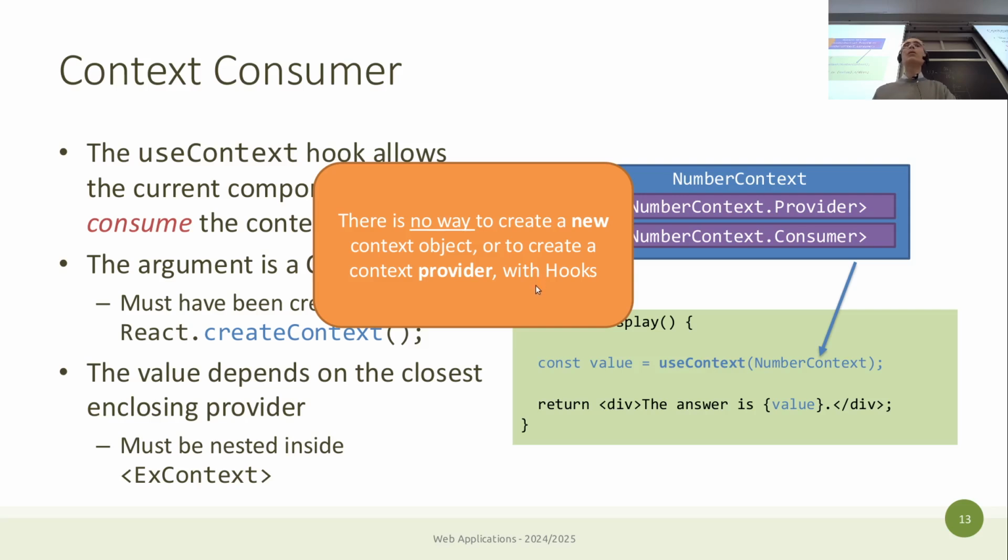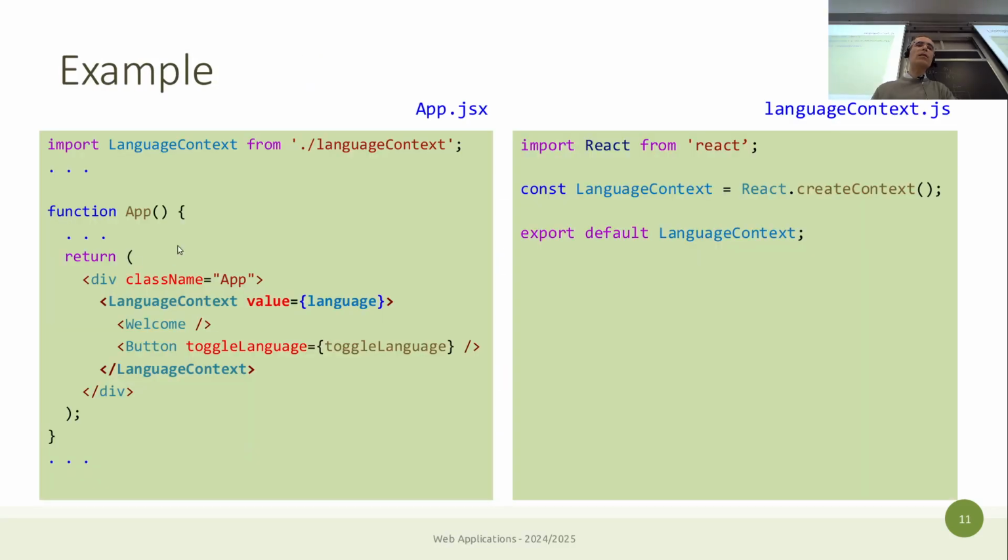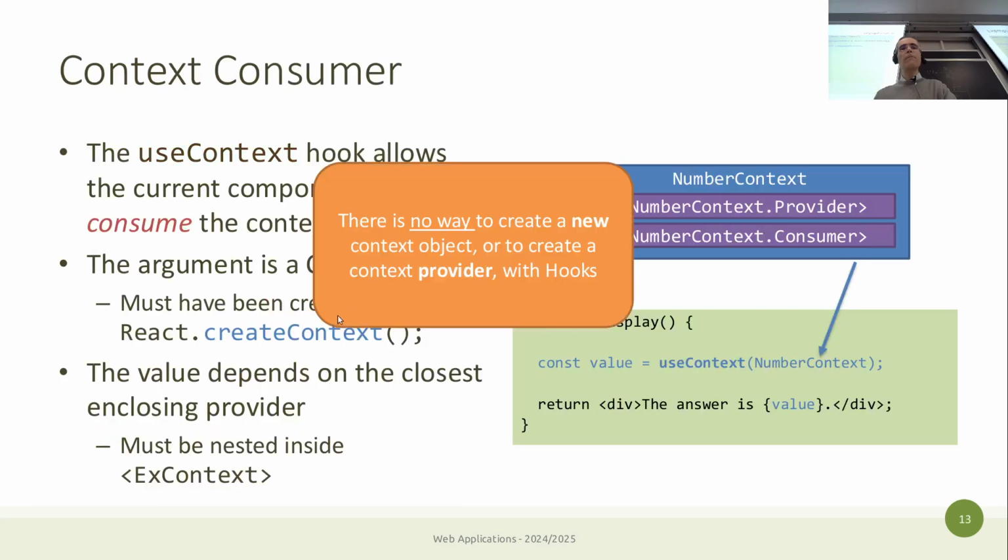So in short, we need to use React createContext and the syntax that we saw before, like a component in the JSX, for creating the context and inserting the provider in the element tree. But for using it, which is the most common operation, there's the useContext hook, which is very simple because you call it, and the return value is the value that you're interested in.